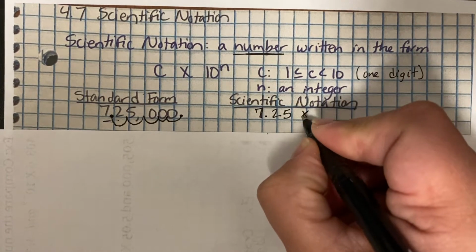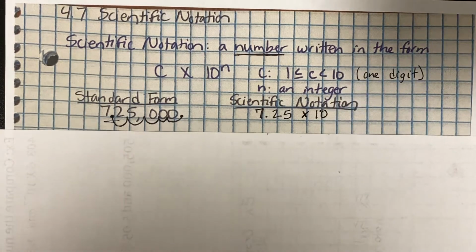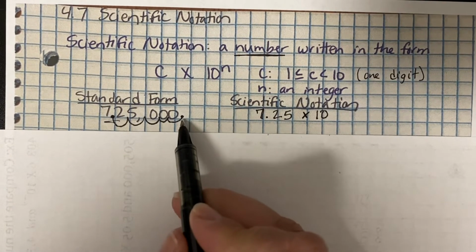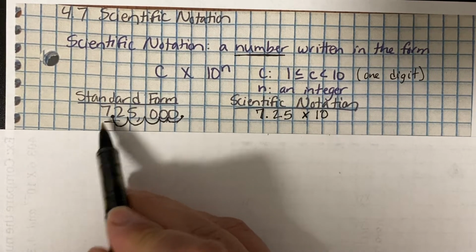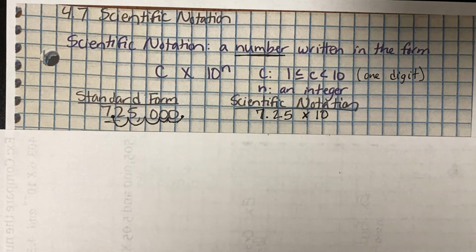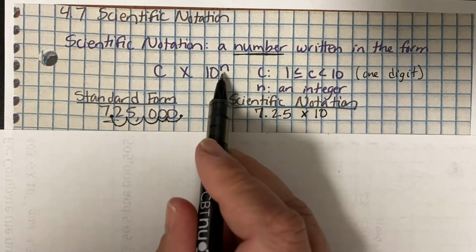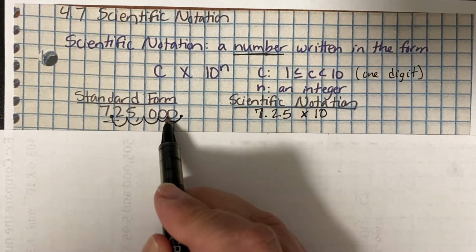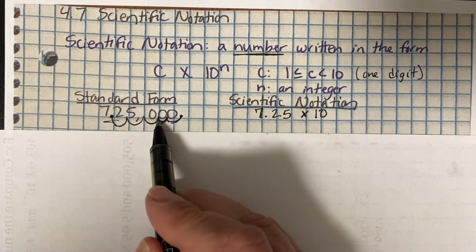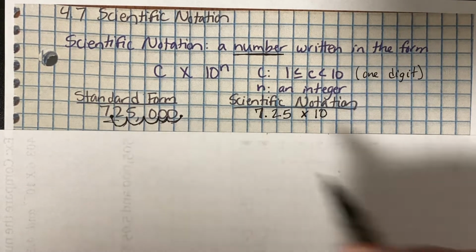Scientific notation, we write it as times 10, and we're going to use an exponent, okay? The amount of times we moved it tells us what our power for our exponent is going to be. So this n right here. So we moved our decimal 1, 2, 3, 4, 5 times to get there.